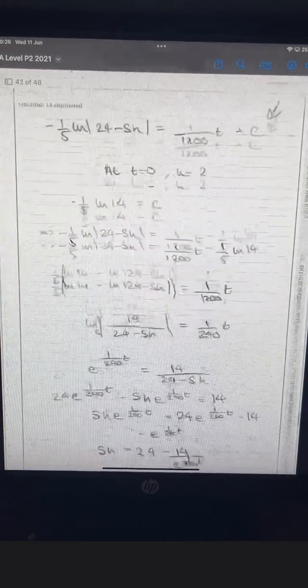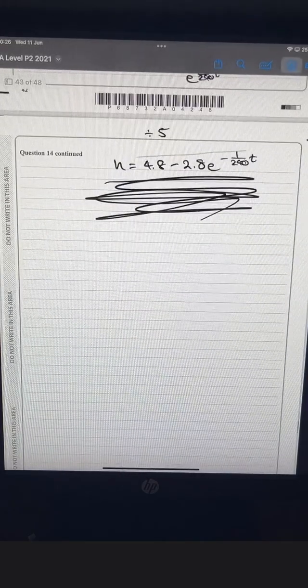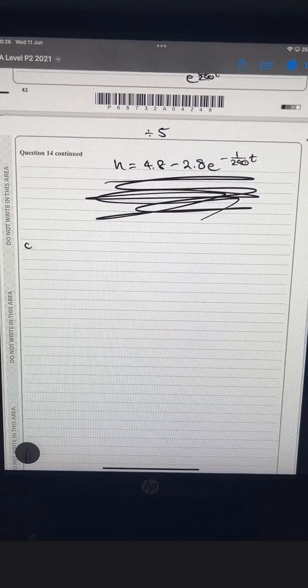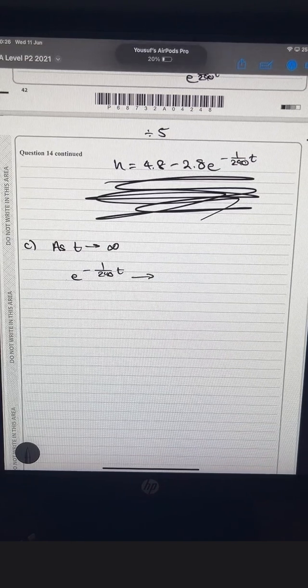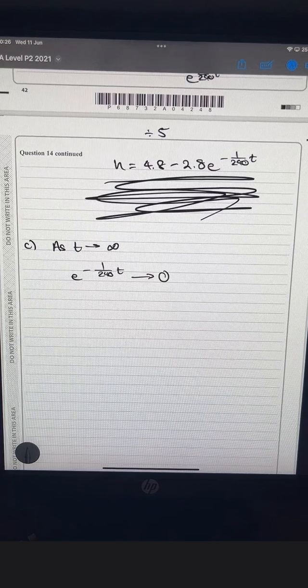So given the tap remains open, that means as time goes infinitely onwards, as t goes on, what is happening here? e to the minus 1 over 240 t, that's the only bit with t there. What is happening to that? Well, that is going towards 0, because as t gets bigger and bigger, you're doing a negative power of e, and that's just going to go closer and closer to 0.